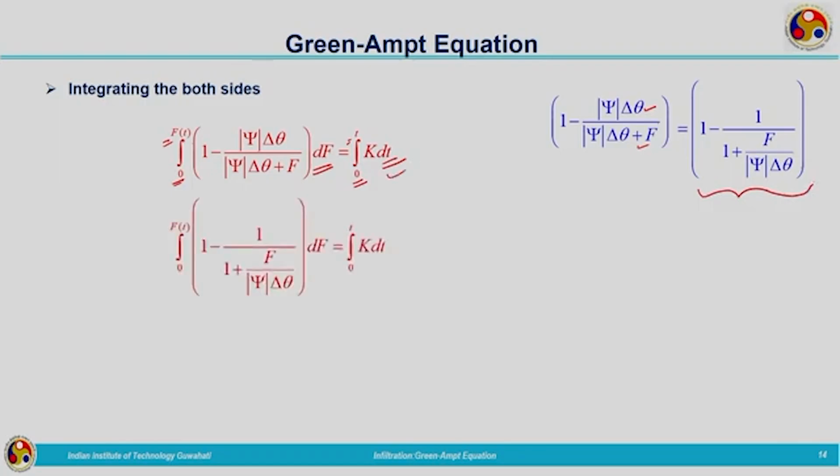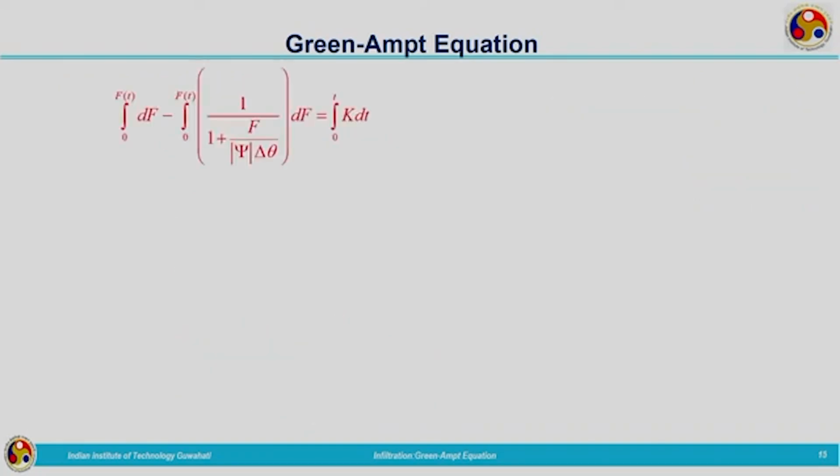So, the equation takes the form like this. So, we are separating the left hand side into two terms. So, now we are having three terms, one term on the right hand side and two terms on the left hand side. So, integral of 0 to F of t df minus 0 to F of t, this particular expression is equal to 0 to t k dt.